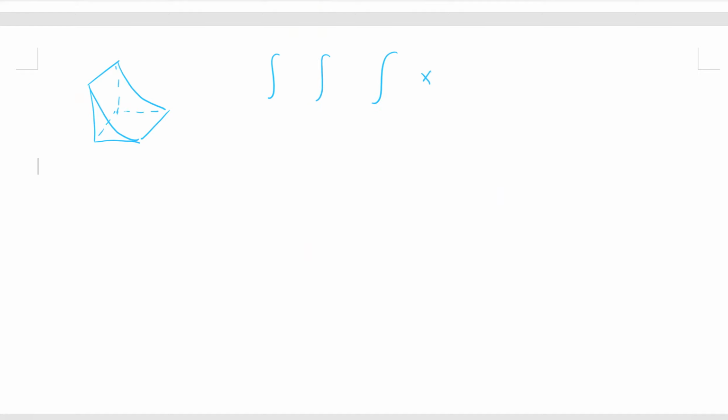So let's draw the picture again. Okay, so we want to have x squared, and we want to have dy go first. So this guy, dz is right here. And then dx, so you want to draw this on the xz plane.